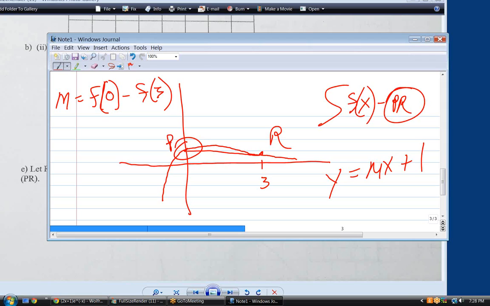Oh, right. Divided by the run, which is 3. Okay, so the equation of line PR is y equals, well, f of 0 is 1, minus f of 3.